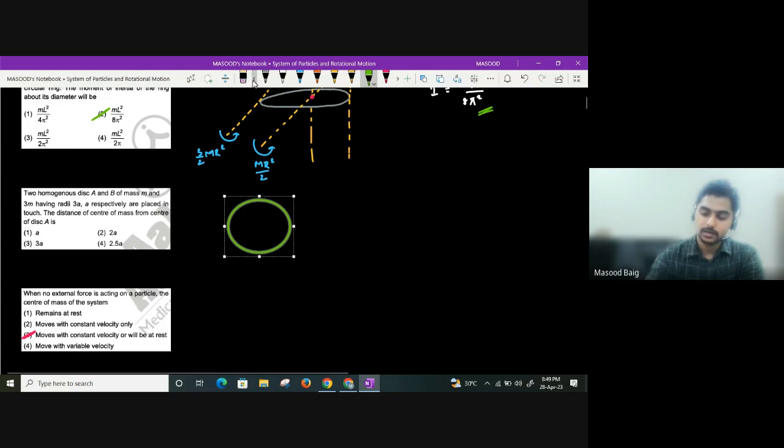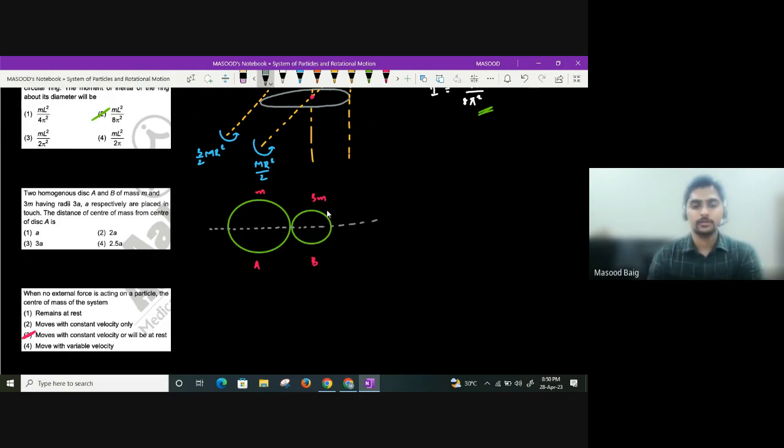And you also have one more disk whose mass is 3m and radius is a only. One of the disks is A, the other disk is B. This has mass 3m, this has mass m. Because they are in contact with each other, we will take it something like this.